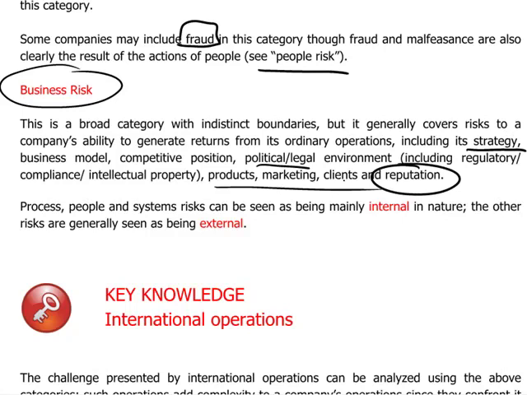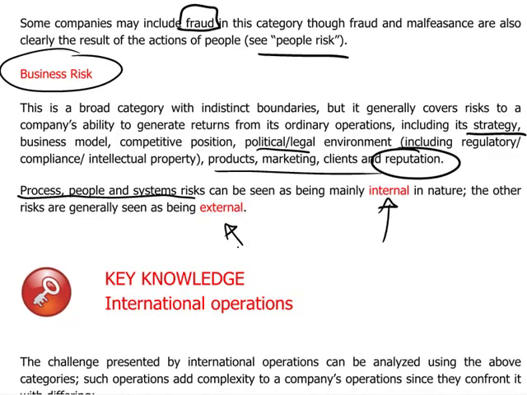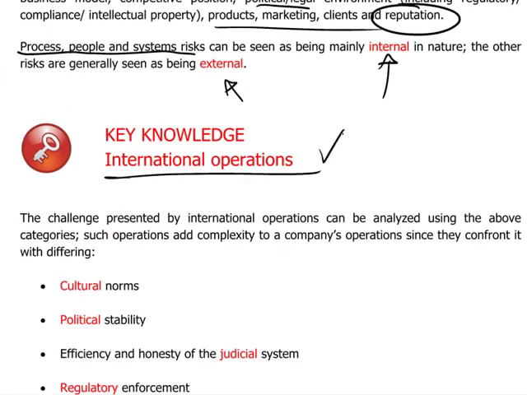Now, if we wanted to make a certain basic split here, we could say that the process, people, and systems risks could be seen as the kind of threats which are internal or the challenges facing the company. The other risks could be seen as being externally imposed. Now, it's worth appreciating at this point that at the level of international operations, the risks actually multiply.